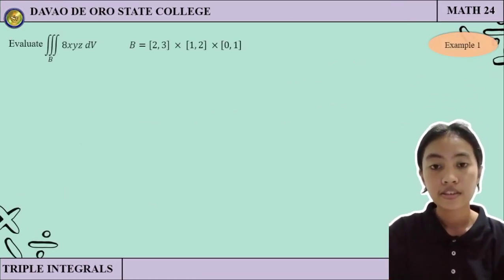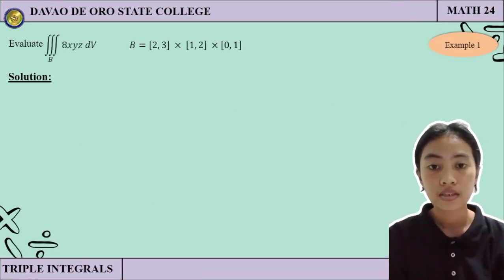Hi everyone. To further understand how to solve the triple integral, let us consider this first example. We have to evaluate the triple integral of 8xyz dV with x, y, z bounds 2 to 3, 1 to 2, and 0 to 1 respectively.